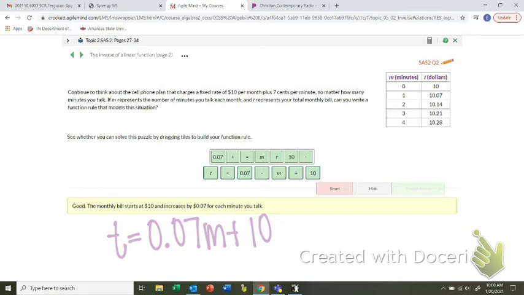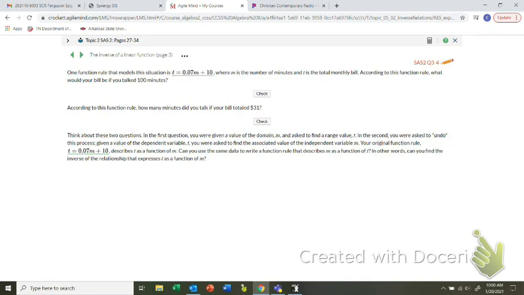Now we are going to use this function rule to answer number 3 and number 4. Number 3 says, one function rule that models this situation is T equals 0.07 m plus 10, where m is the number of minutes and T is the total monthly bill. According to the function rule, what would your bill be if you talked 100 minutes?